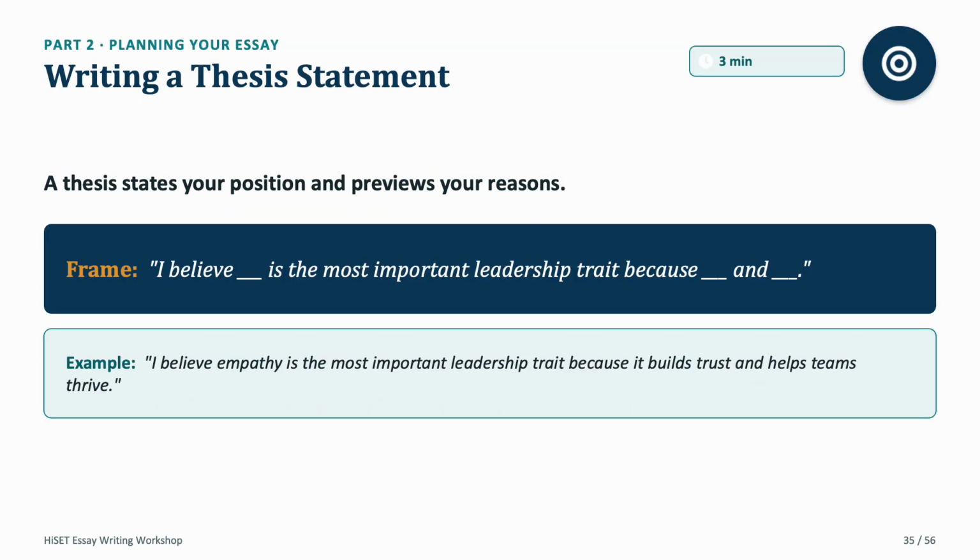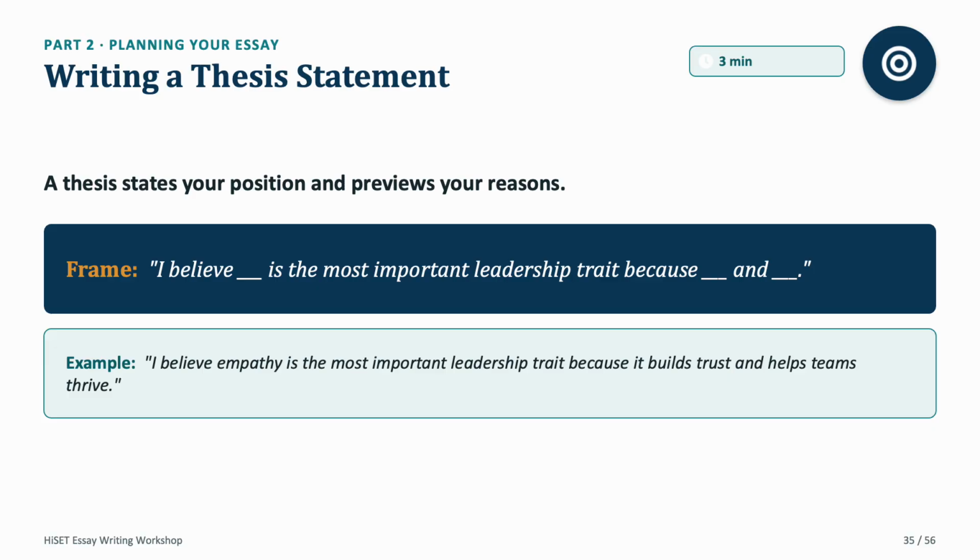Now we can turn our plan into a thesis. Remember, a thesis does two important jobs. First, it states your position. Second, it previews your reasons. So, remember our frame: I believe, what is more effective, because, and then the two reasons, okay?